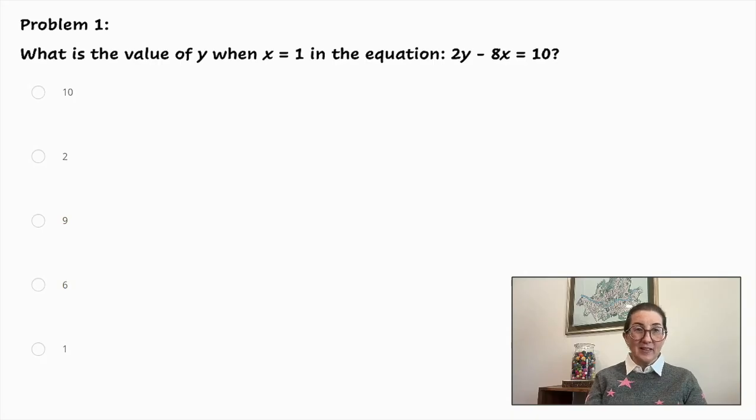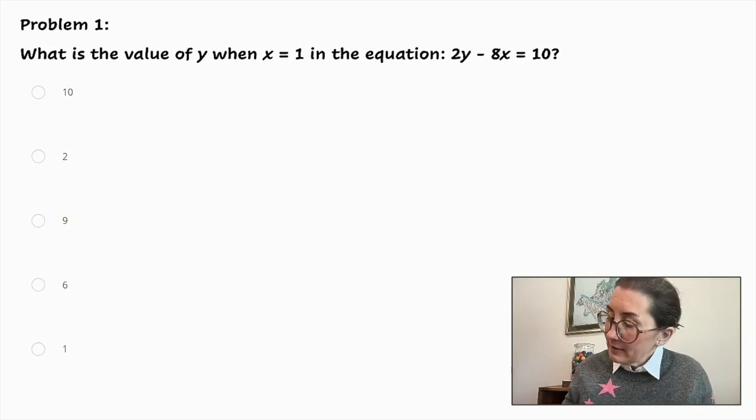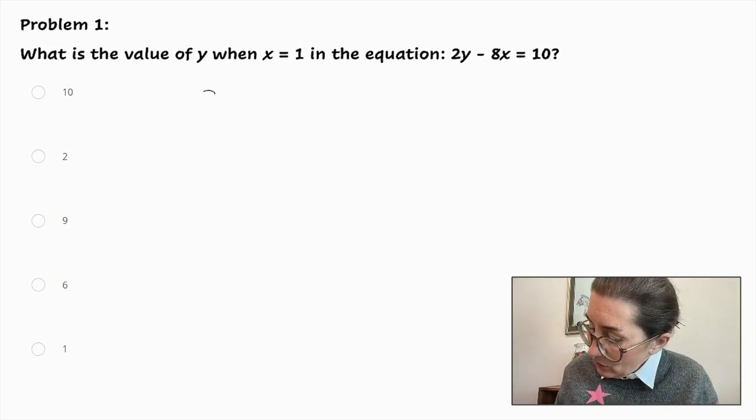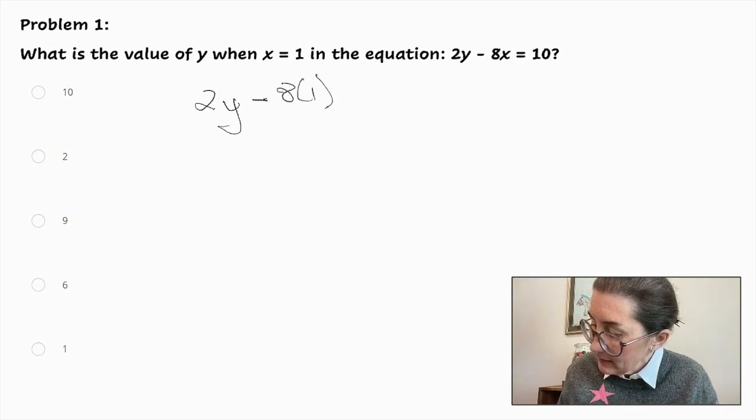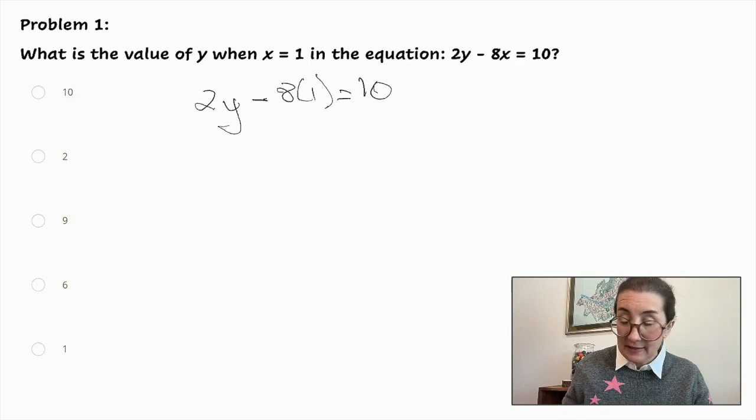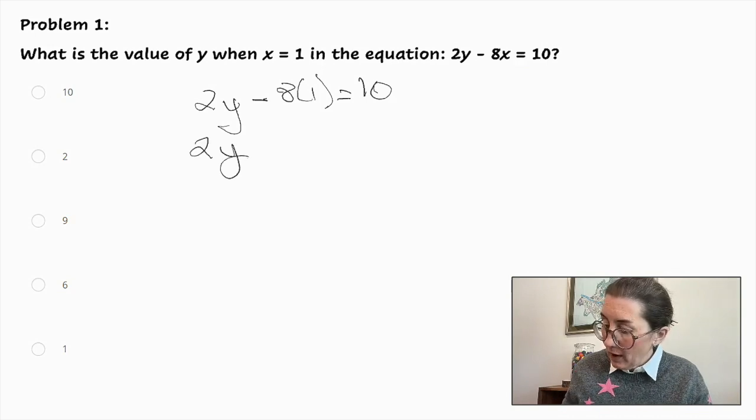Problem number 1. What is the value of y when x equals 1 in the equation 2y minus 8x equals 10? So let's plug the numbers in. 2y minus 8 times 1 is equal to 10. 2y minus 8 is equal to 10.